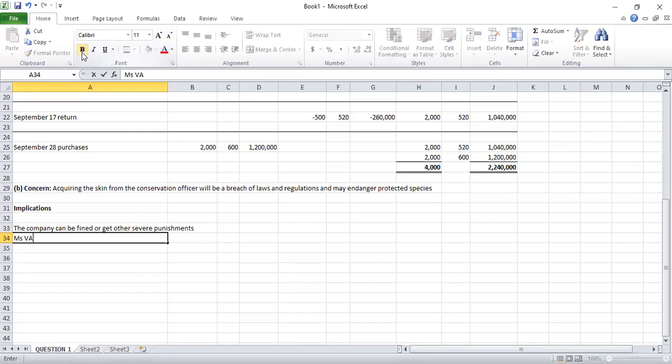Miss Van Wyk could be imprisoned, and can be fired.